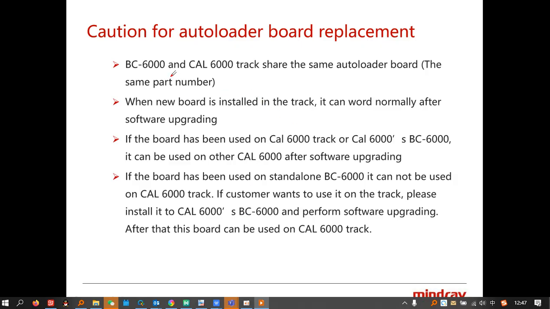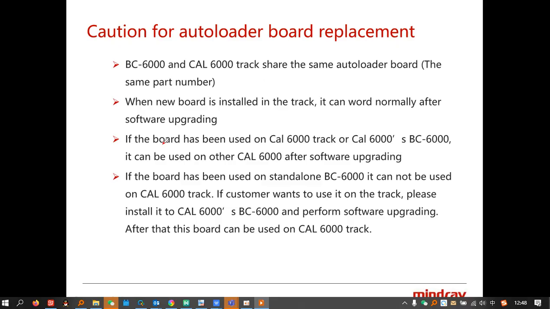The BC6000 and the Chaos X1000 check share the same autoloader board. This page is a little complex. It tells us the autoloader board of the check and the BC6000 is the same spare part, so we can swap them as we want.